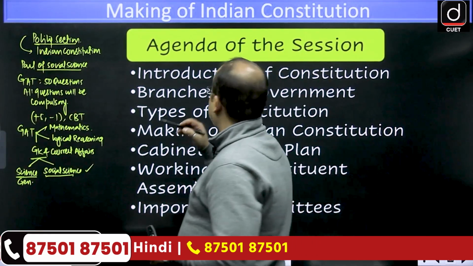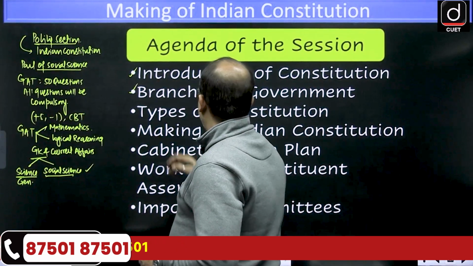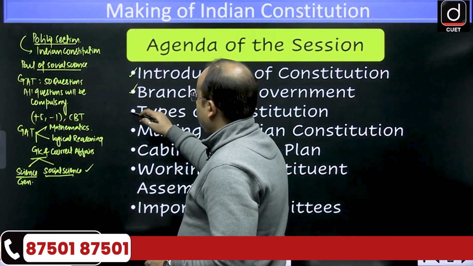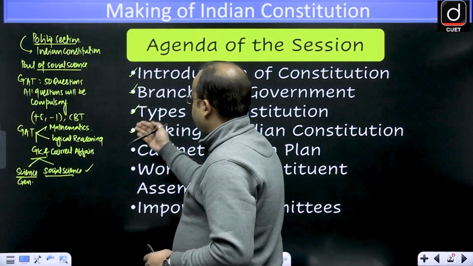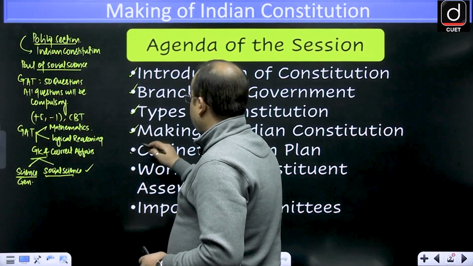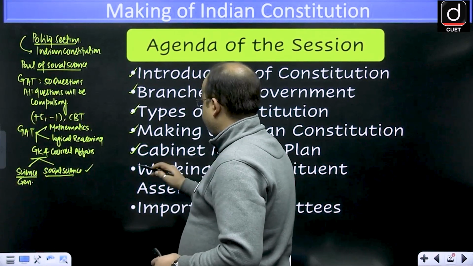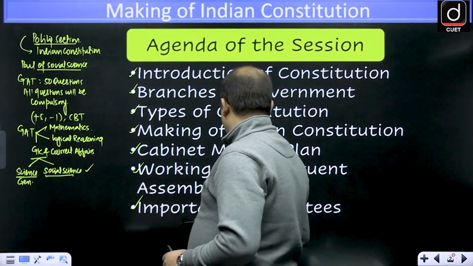First of all, we will discuss the introduction of the Constitution, then the branches of the government, followed by types of Constitution, then the making of the Indian Constitution, that is how the Indian Constitution was drafted, then we will discuss the Cabinet Mission Plan, then the working of the Constituent Assembly, and then important committees.